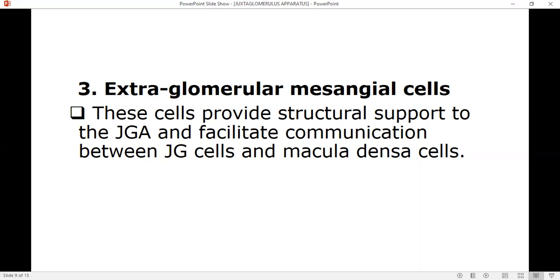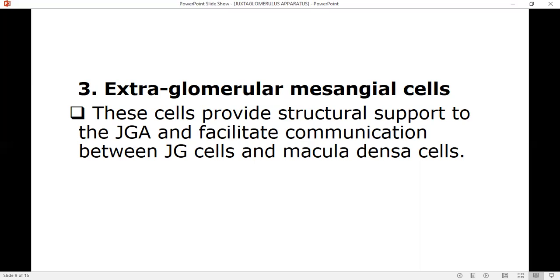They help to anchor all the components that are there and facilitate communication between the juxtaglomerular cells and macula densa cells. In summary, juxtaglomerular cells store and produce renin. Renin is an important enzyme responsible for regulation of blood pressure.